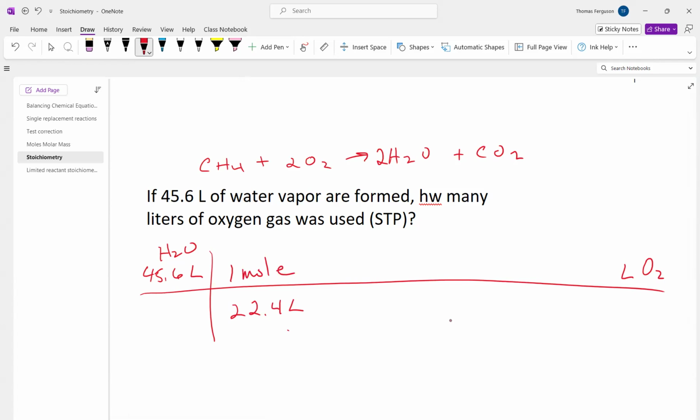If it's not at STP, then we have to use the ideal gas law, which makes it much more complicated. Okay, now we're in moles. Now we need to go from water on the bottom, oxygen on top. So now we're going to go from moles of oxygen gas to liters of oxygen gas, also at STP.